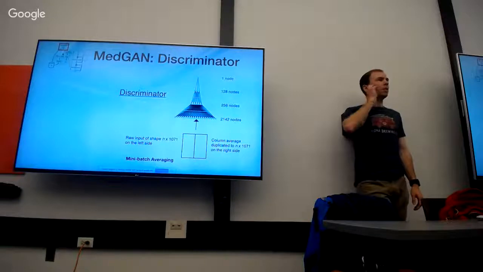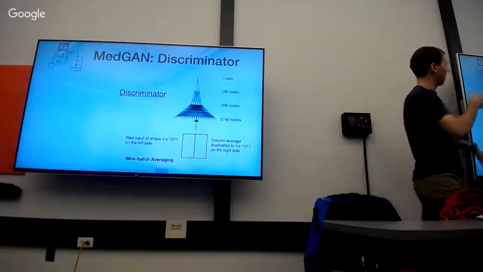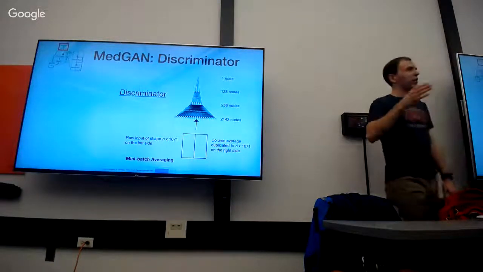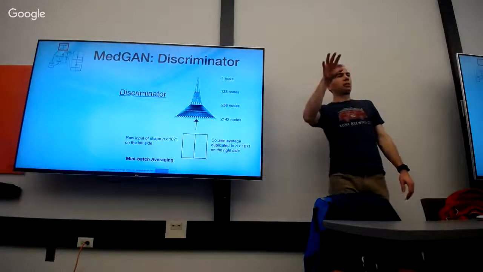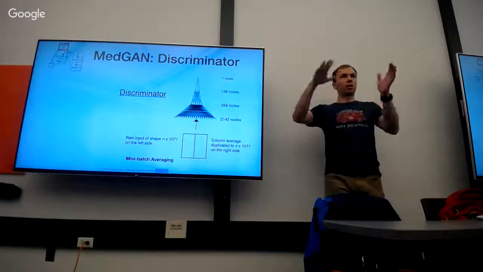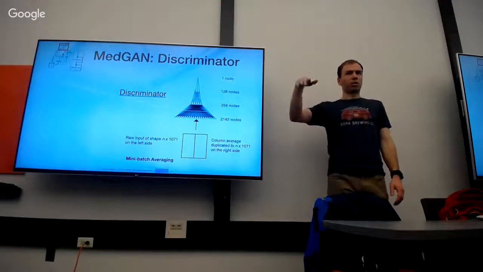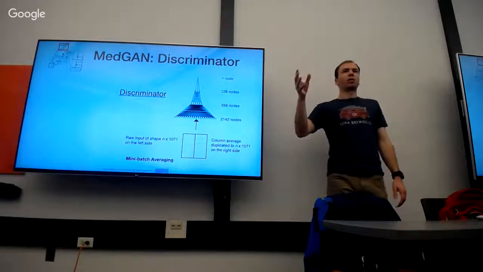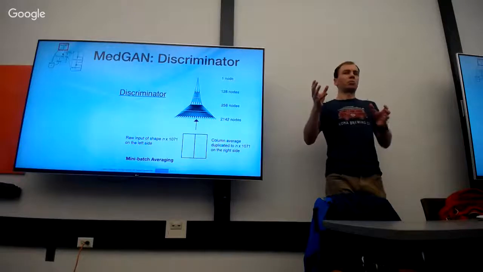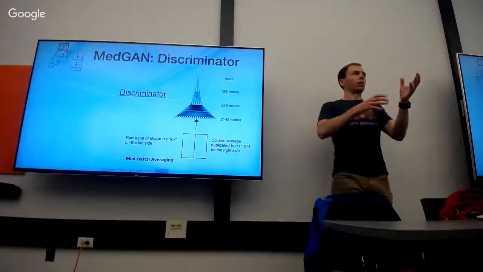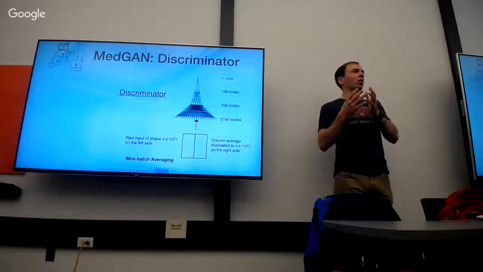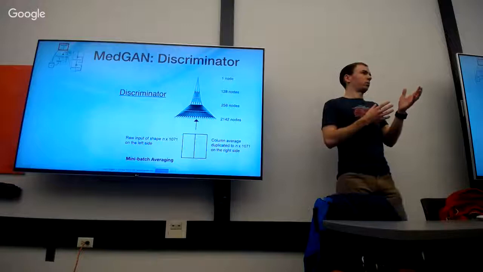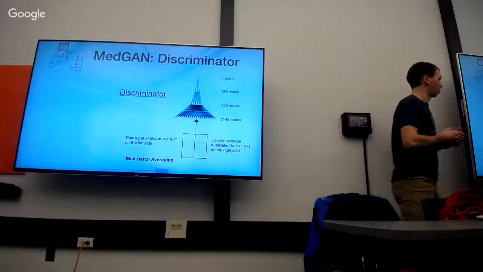By having these average values on the right side, they're trying to keep in the fact that each batch has a certain sparsity, and ideally the entire matrix has a certain sparsity on all these columns. The other thing they are trying to do is the privacy part, which is to prevent the generator from just generating the original data, or something very close to it, back into the discriminator.